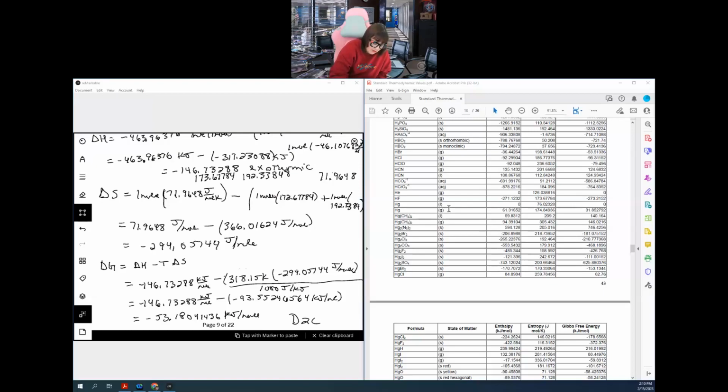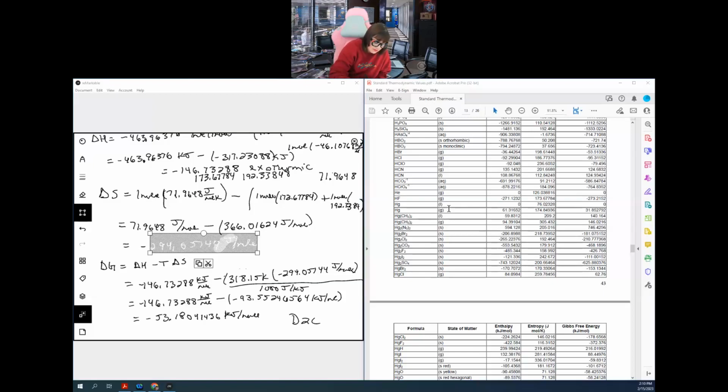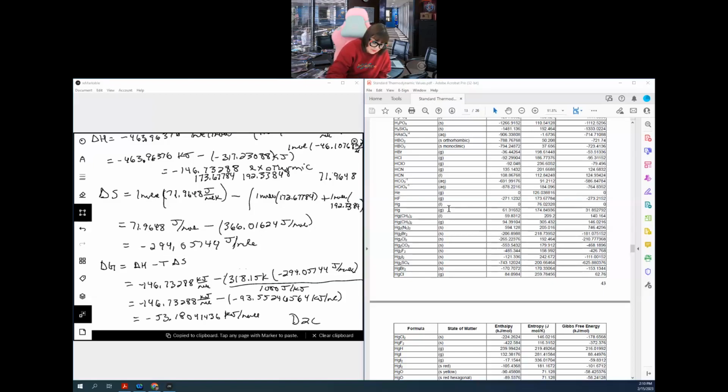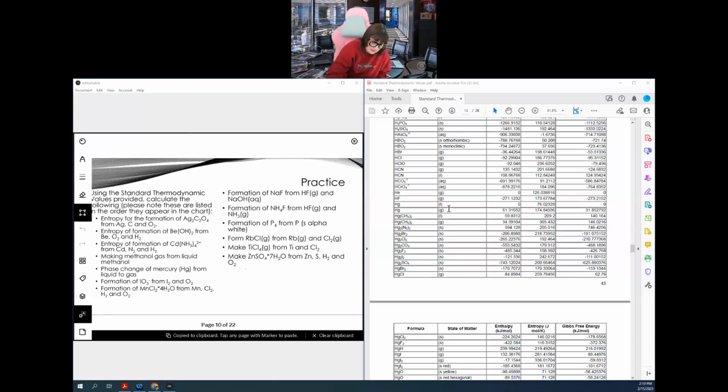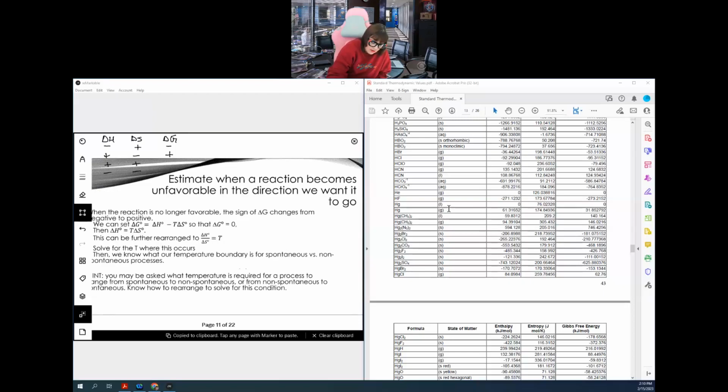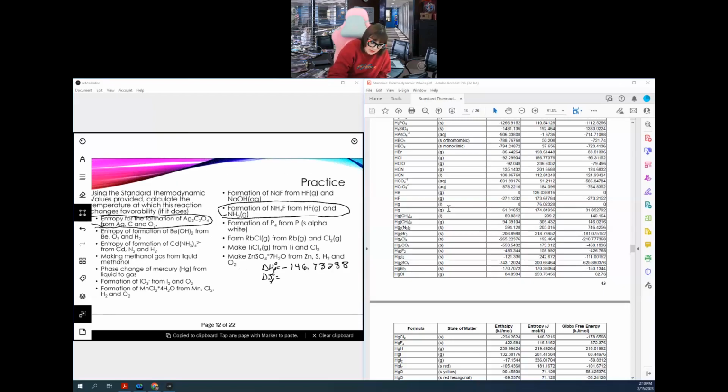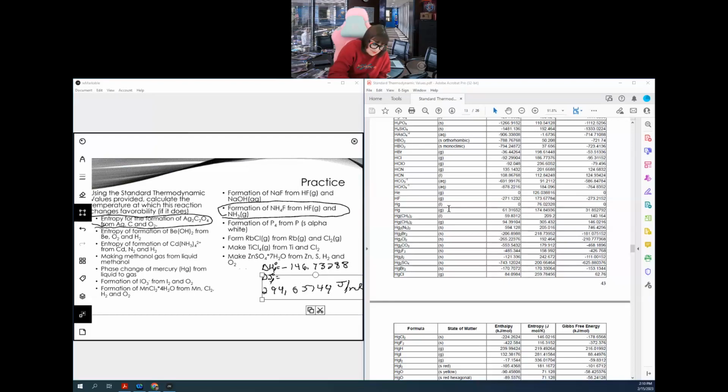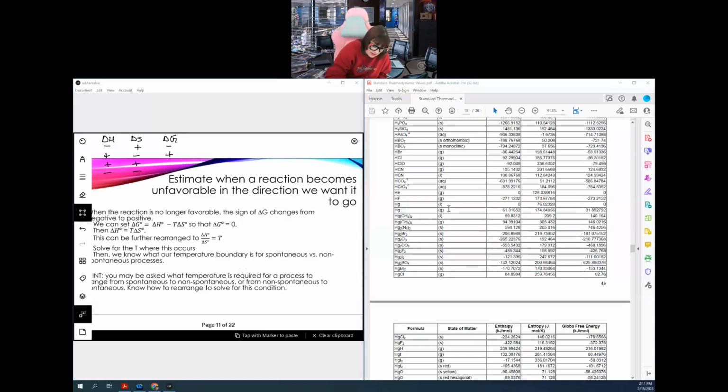So we calculated the delta S for that reaction as well, and that was this value right here. We'll paste that right there. Doesn't fit very well. And I just want to verify the sign on that.